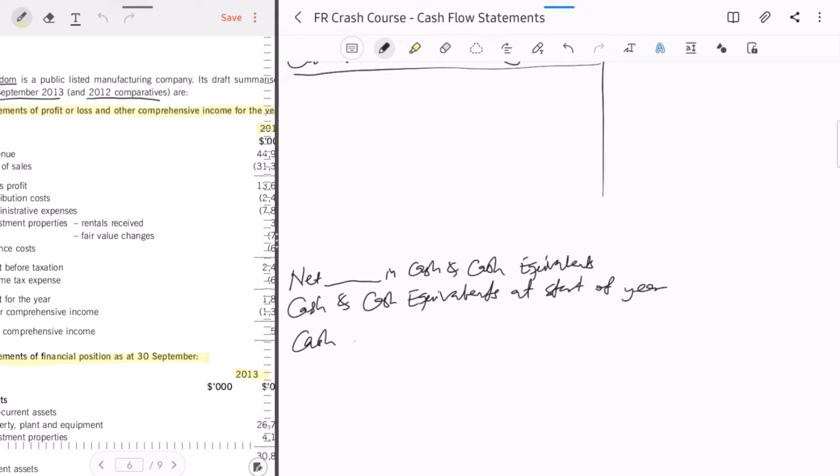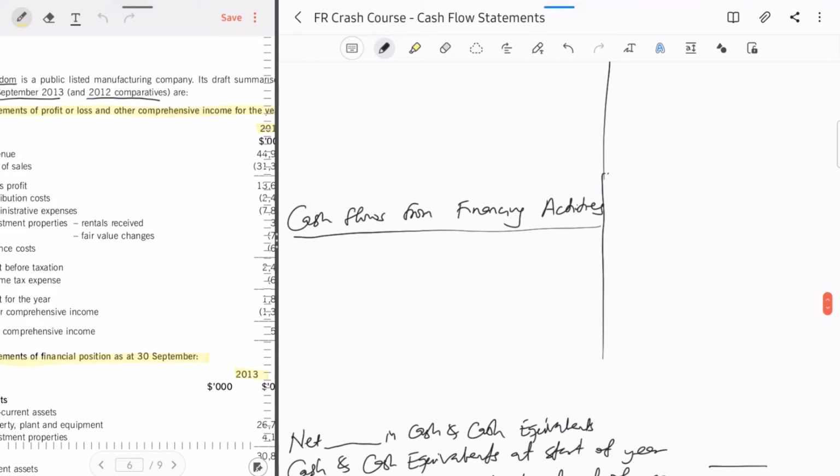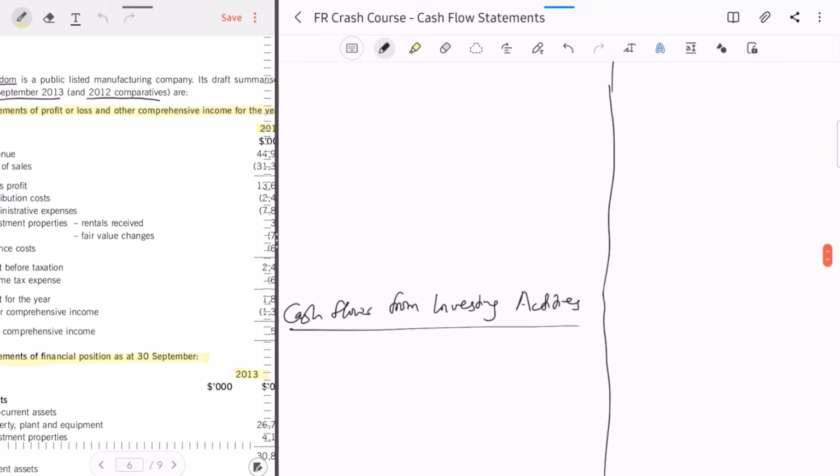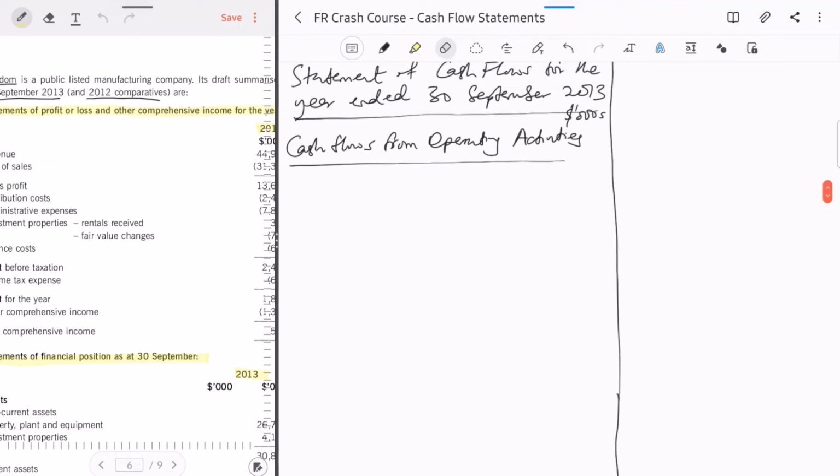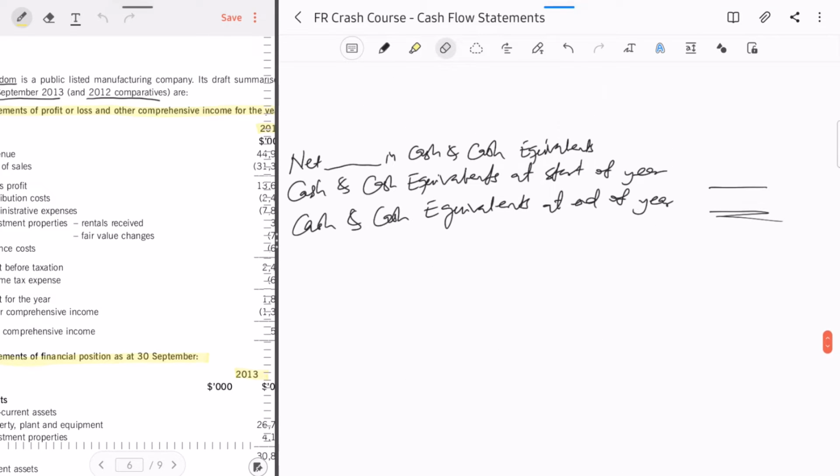Then my final line will be cash and cash equivalents at end of year. So your cash flow statement will seek to explain these things. Well, my workings even fit here. They should. Let me clean this line as well. Okay, perfect. All right, so now let's come to the cash flow statement itself.